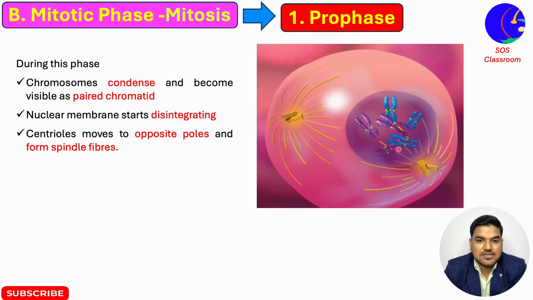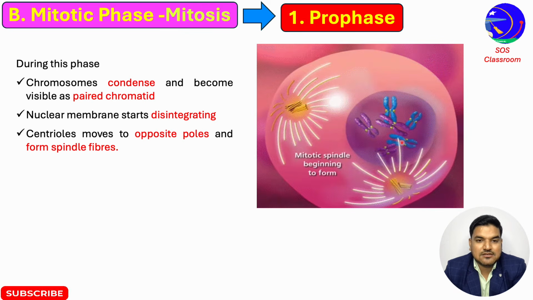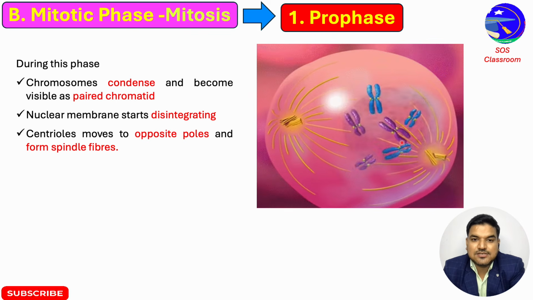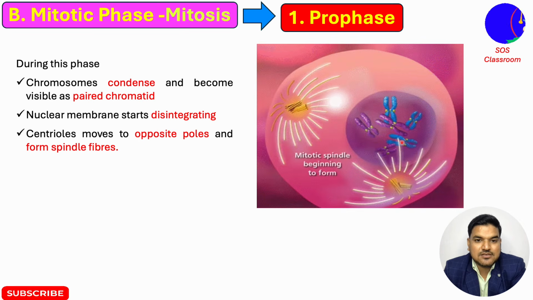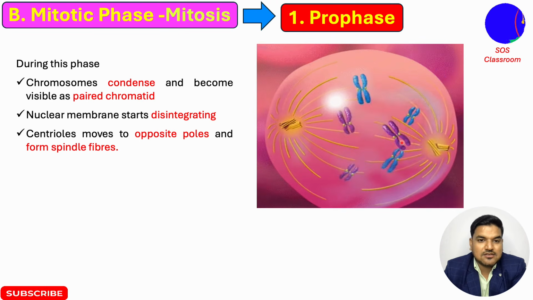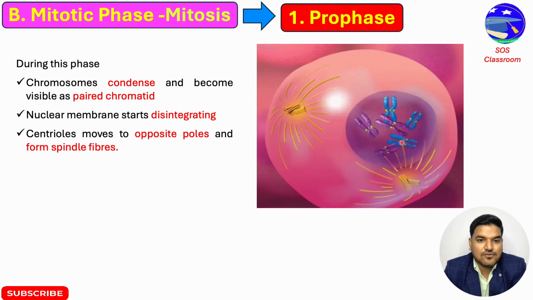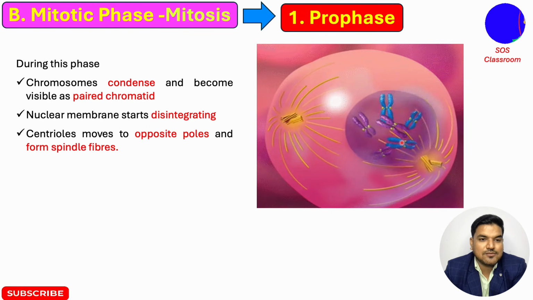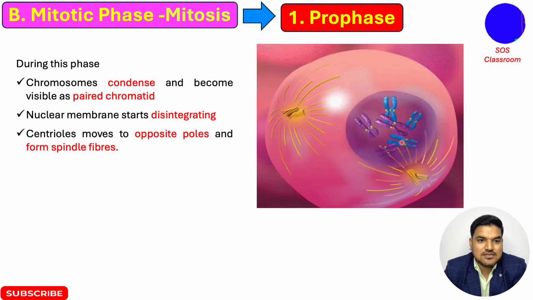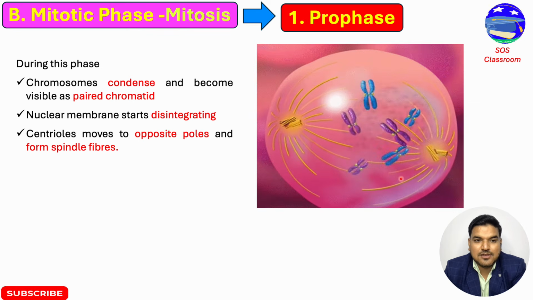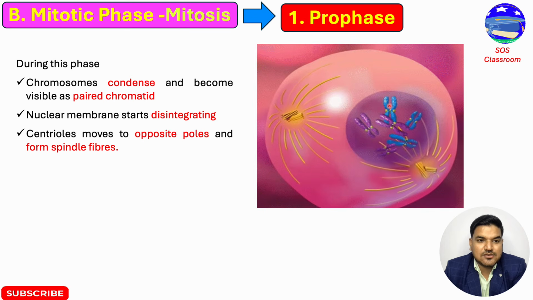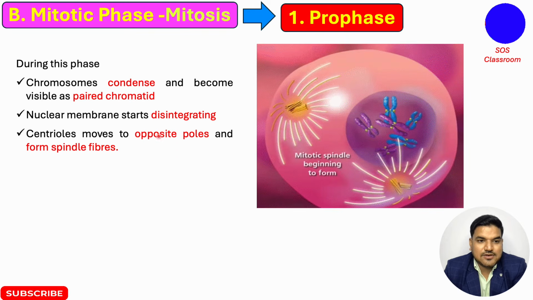It means in the nucleus, the chromatin is distributed as thread-like structures, and when the cell starts cell division, before division the chromatin starts replicating and condenses to form the chromosome. So first of all, chromosomes condense in this stage and become paired chromatids, which are also called sister chromatids.